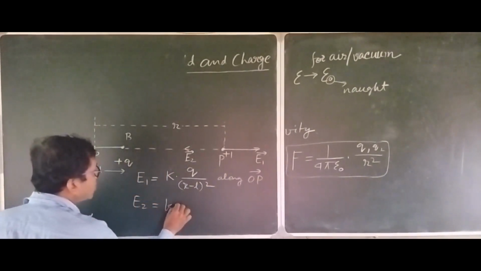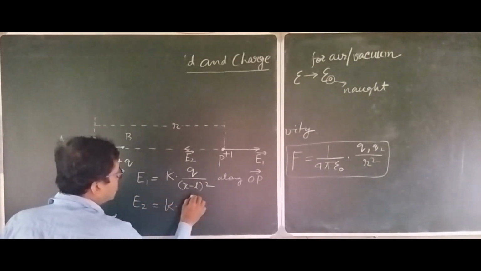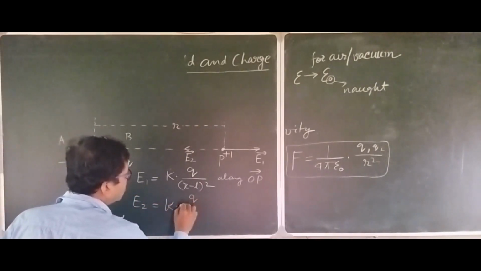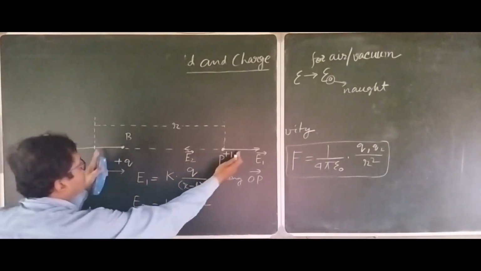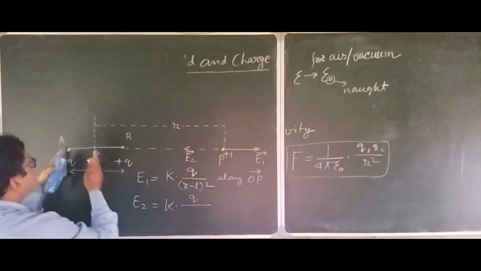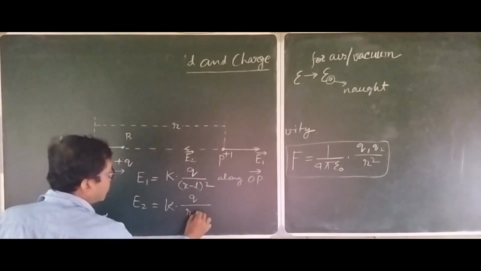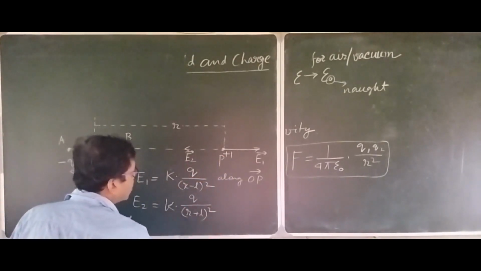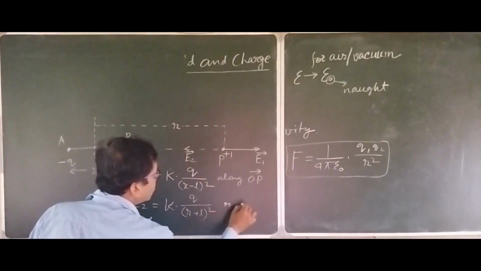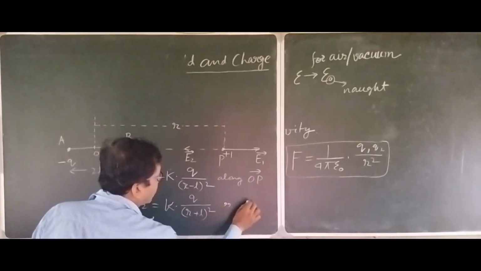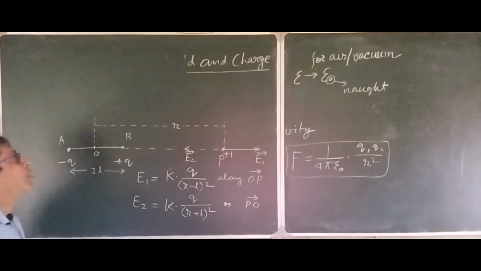What is E2? This is R, this is L, so the whole distance is R plus L. And this is along PO.